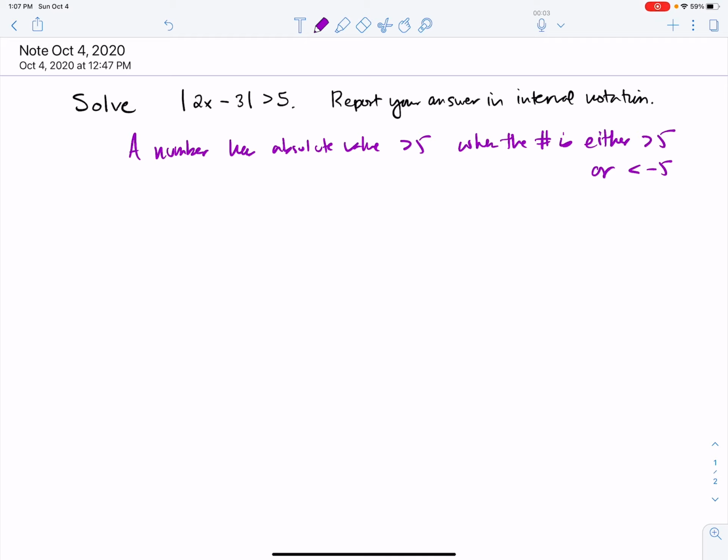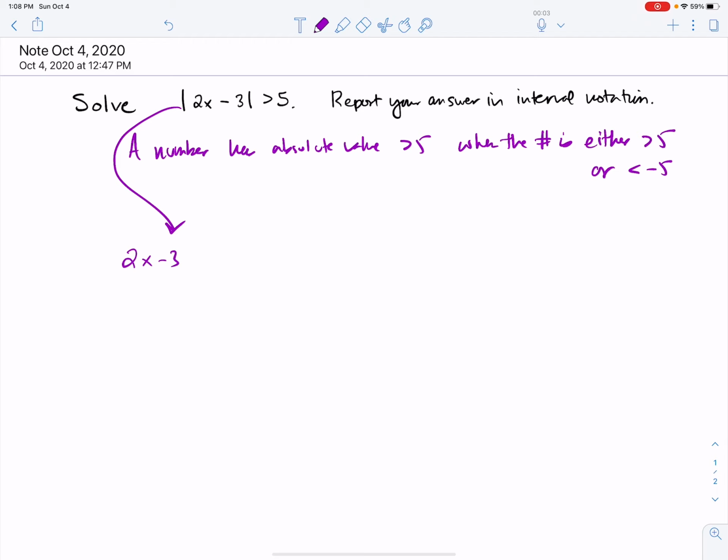So that number can be either bigger than 5 or less than negative 5, which means that to assess when the absolute value of an expression is bigger than 5, we need to assume that the expression is either bigger than 5 or is less than negative 5. And so an inequality like this is going to get written in two parts.